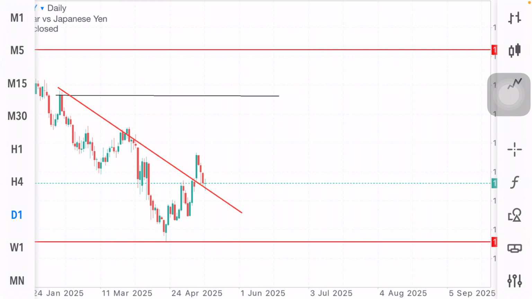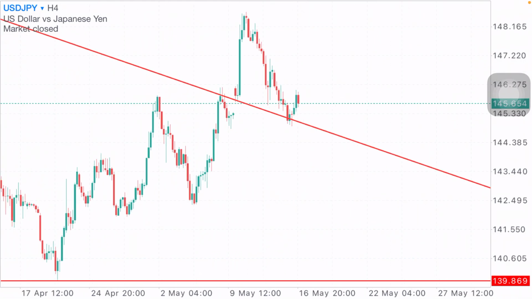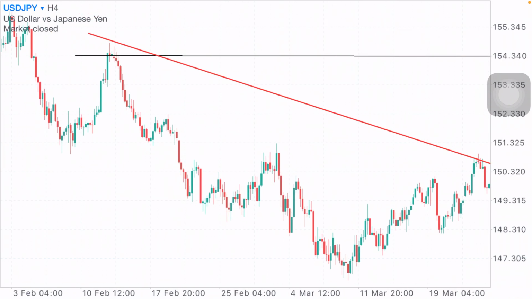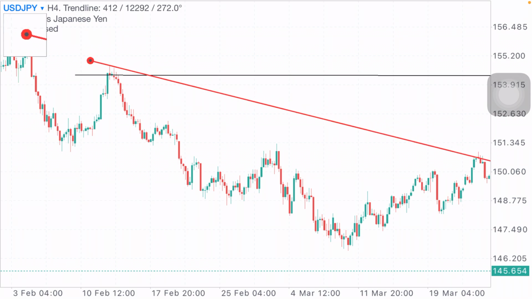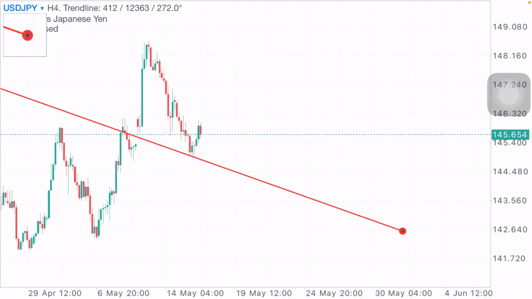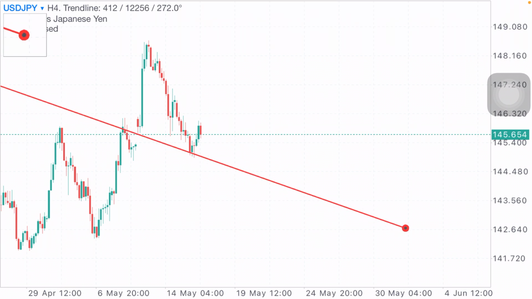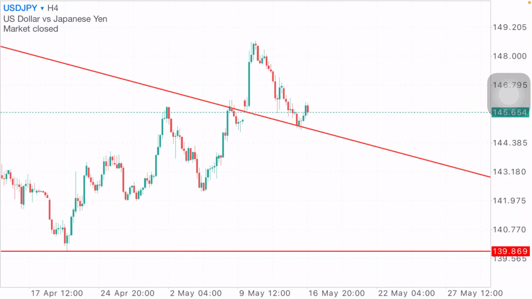Let's scale down to our 4-hour time frame and look at what we have. So what do we have here? A breakout and retest of market structure.